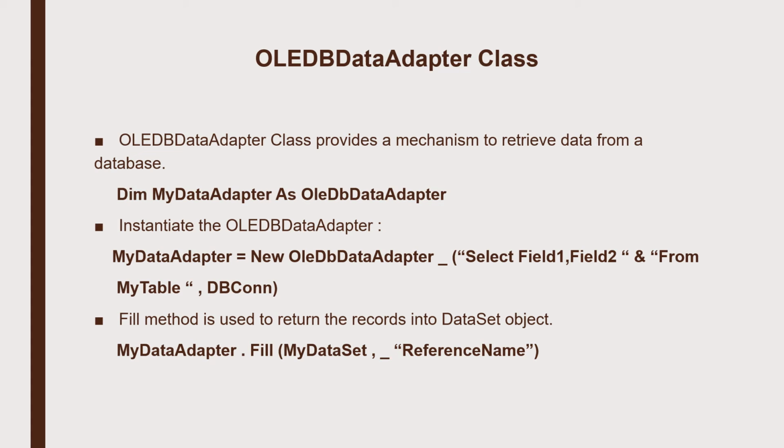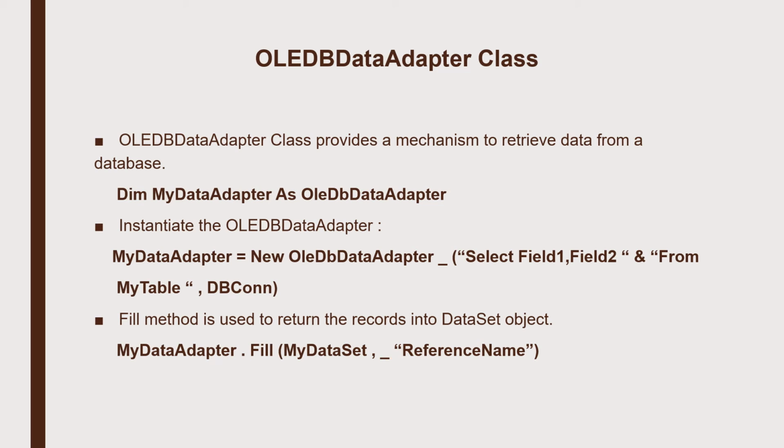The first parameter when instantiating an OLEDB data adapter object is the SQL select statement that returns the desired records. The second parameter used in the statement is a valid connection object. The last step needed with an OLEDB data adapter class is to use the fill method of that class to return the records into a dataset object so that they can be placed on an ASP.NET page or bound to a control.